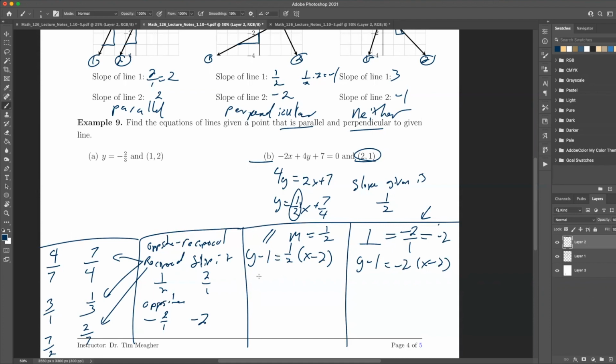Since we have time, let's convert that over. Sorry, I forgot my x there for a second. Here we'll have y-1 equals -2x plus 4. Moving over the -1, we'll have y equals -2x plus 5.